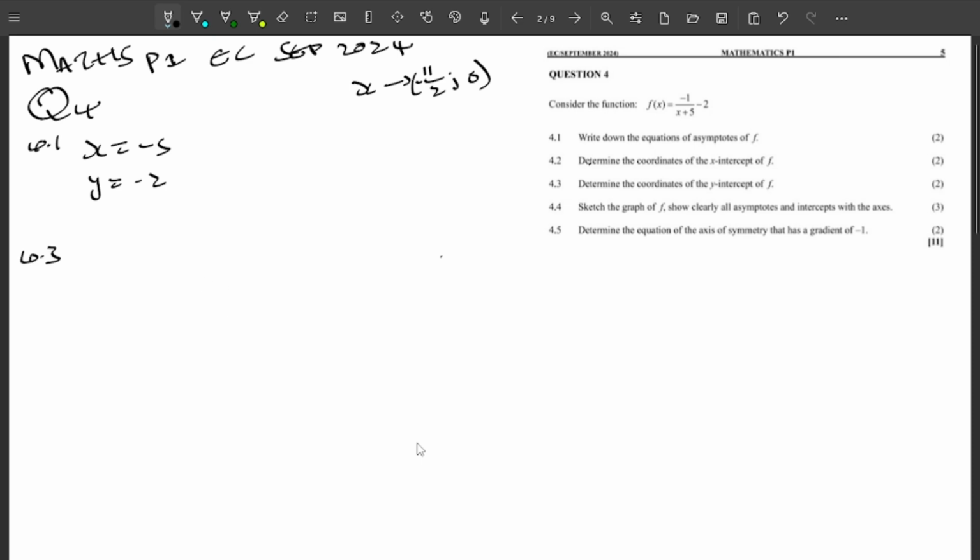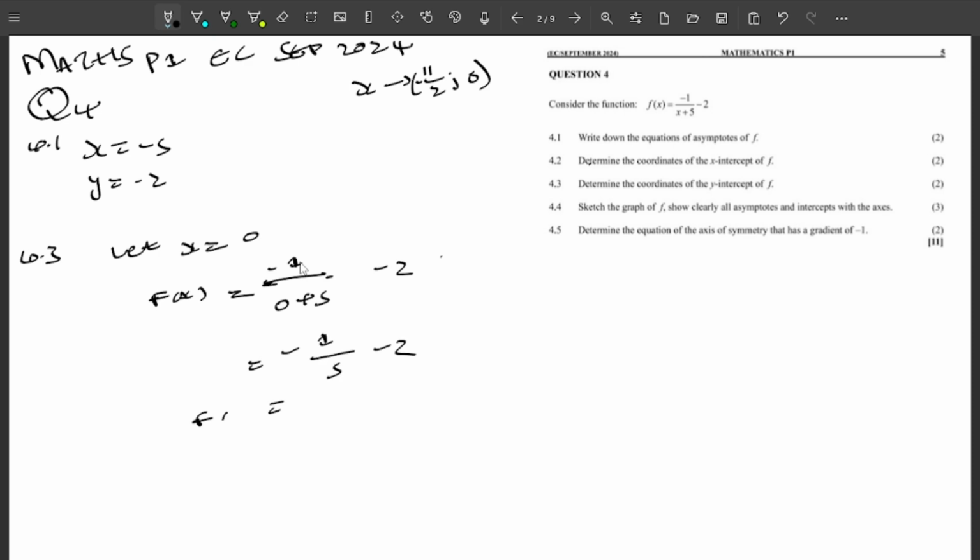So going to 4.3: determine the coordinates of the y-intercept. Same story, but the opposite way: let x equal 0. So f of x is equal to minus 1 over 0 plus 5, minus 2. This is just going to be minus 1 over 5, minus 2, of which we should get minus 11 over 5.